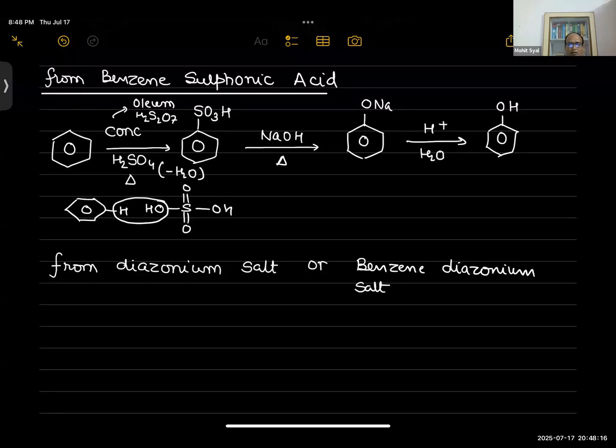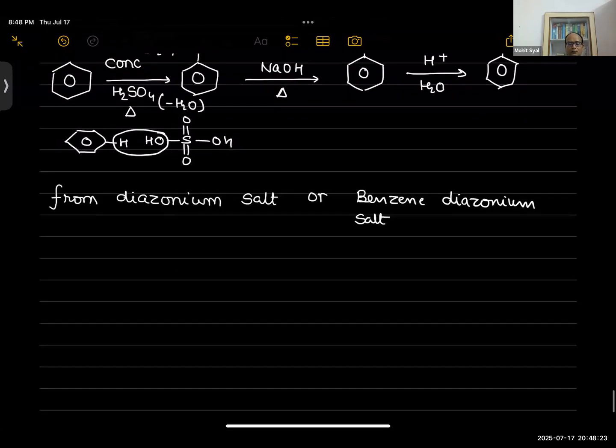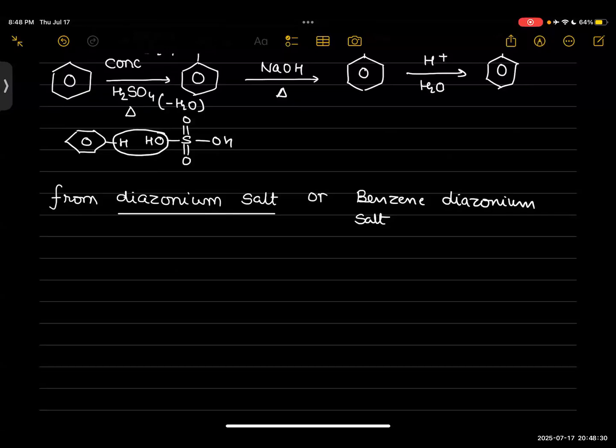So what is this benzene diazonium salt? Can you tell me? Aryl diazonium salt, or benzene diazonium salt, what's the formula for it?